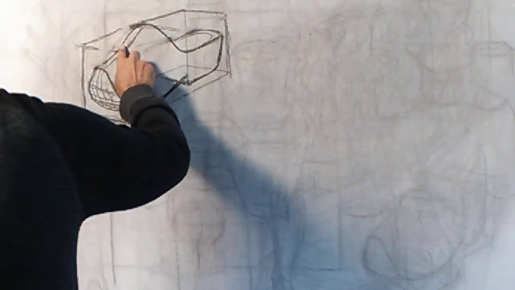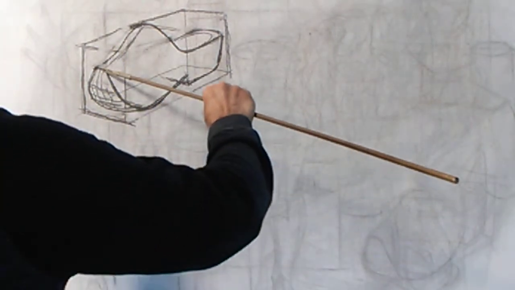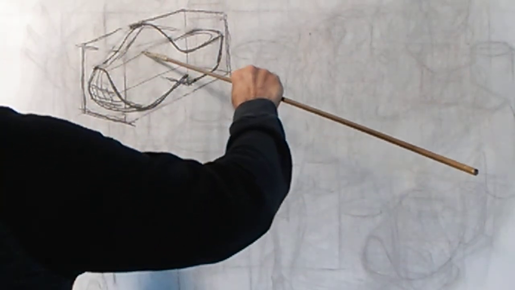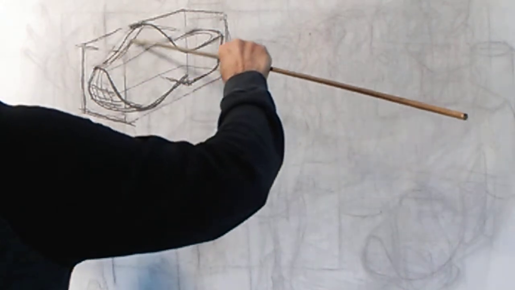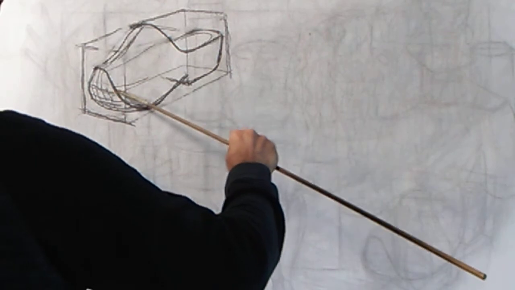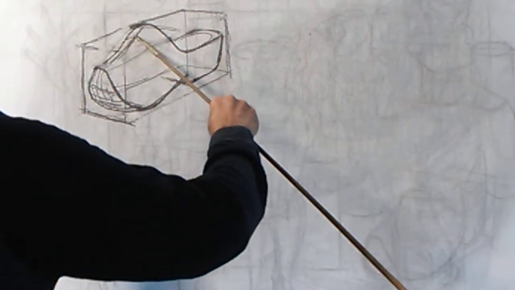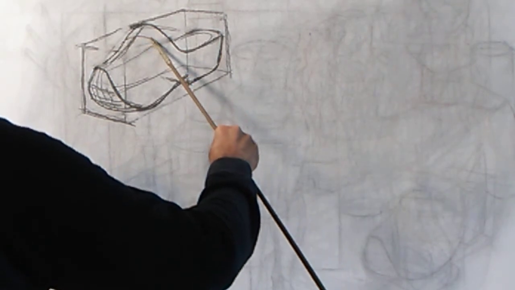The top part, I'm going to neaten this up a very little bit here so you can see it. Our top part now, our plane break is going to be here. Top plane break is there. I'm going to watch the side of it here. And now we're going to take these lines and bring them over. Watch the curve.